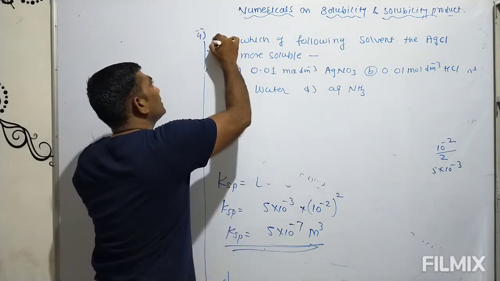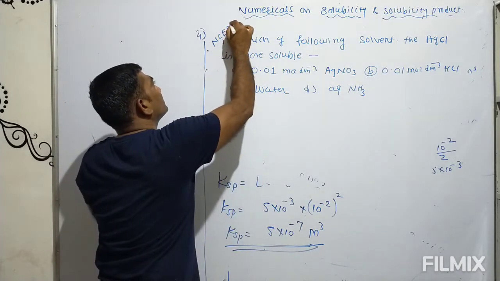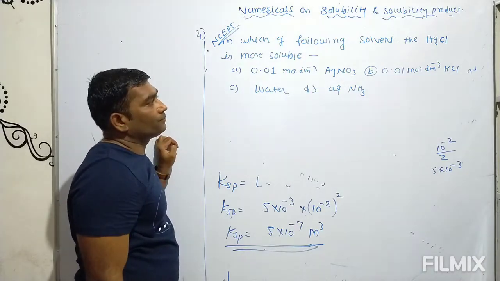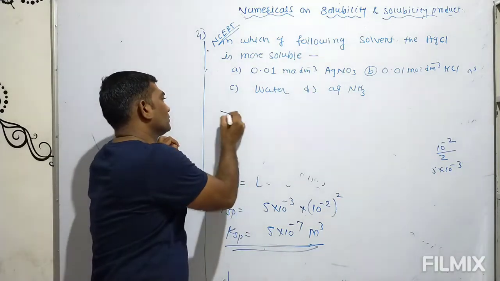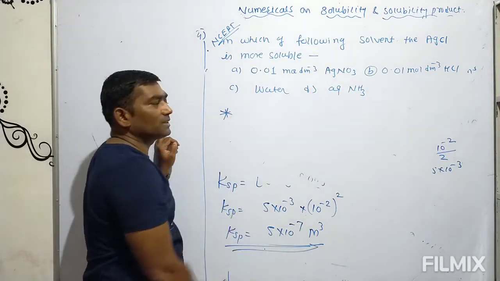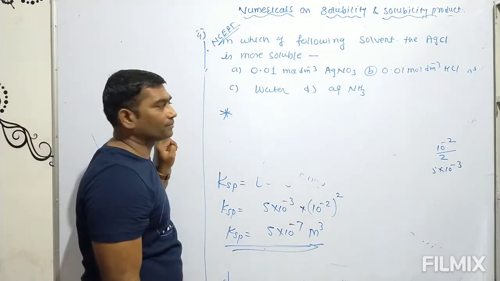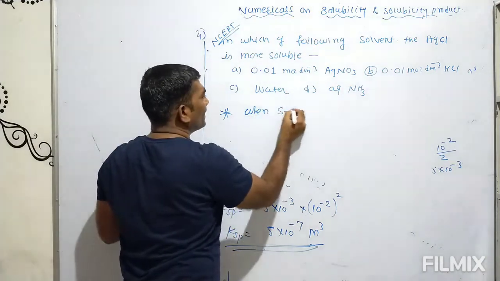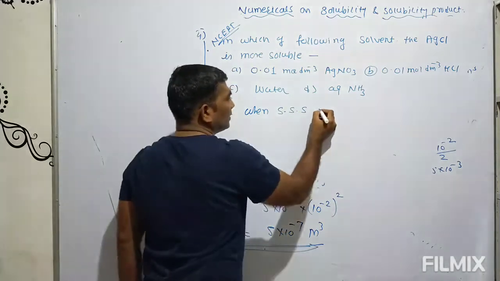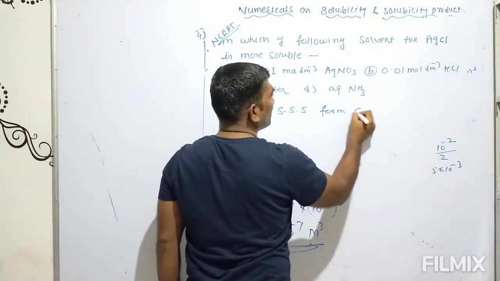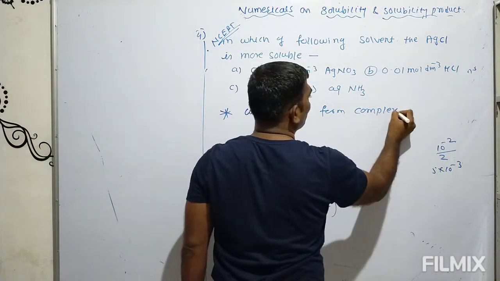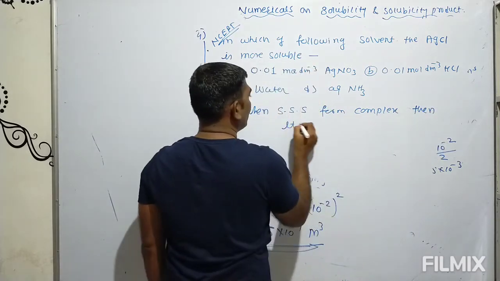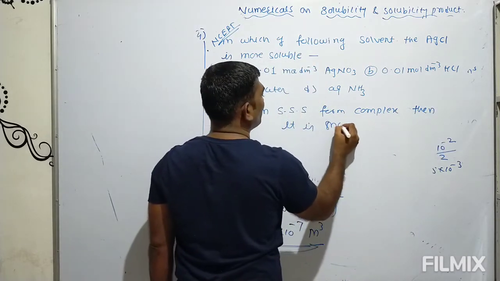Listen here, this one is a numerical from NCERT. Write down one important concept for this. When a sparingly soluble salt forms a complex, that is a coordination compound, then it is more soluble.